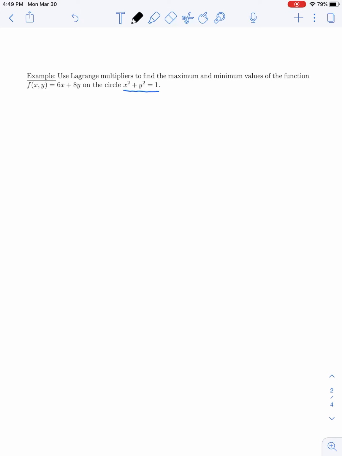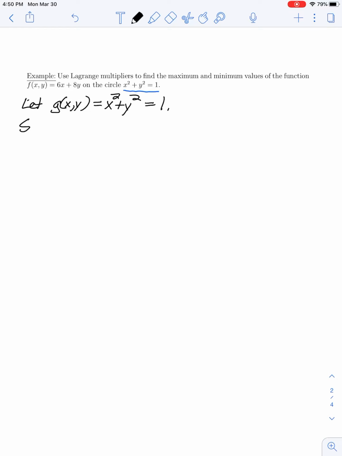So for these problems, usually I like to start by giving my constraint function a name or some notation. So let's let g of x, y be our constraint function. And here our constraint was x squared plus y squared has to equal 1.